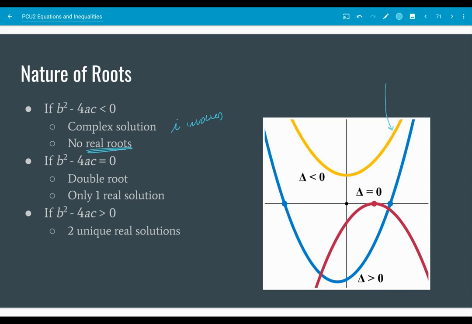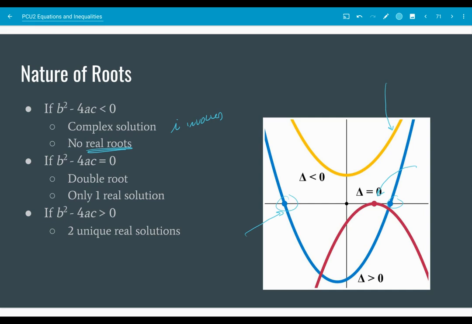If your discriminant is equal to 0, that's our red curve here, that means that it's a double root. We only have one real solution. And then if b squared minus 4ac, if the discriminant is greater than 0, it's our blue function here, you have two real and unique solutions.